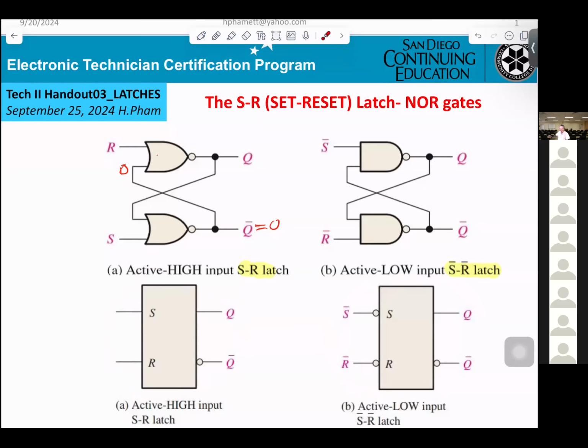What is the difference? Who can recognize? Not S, you can see right here.